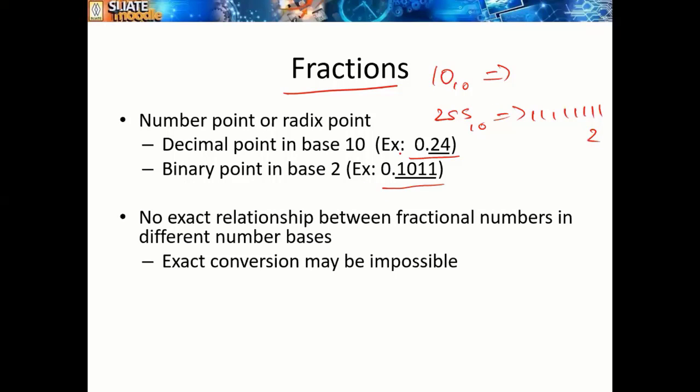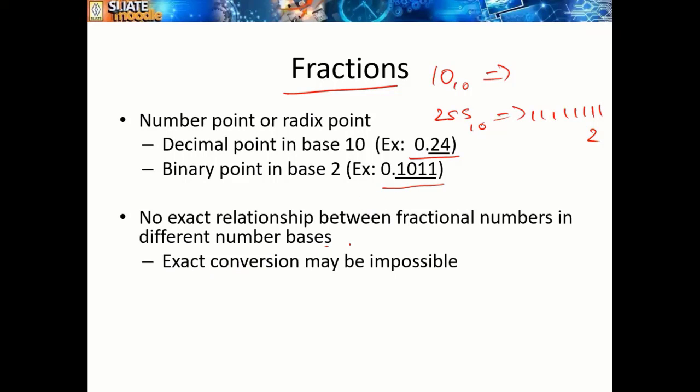But in the case of decimal or fractional values, we cannot have exactly the same value when we convert from one base to another. We can get an approximate value.